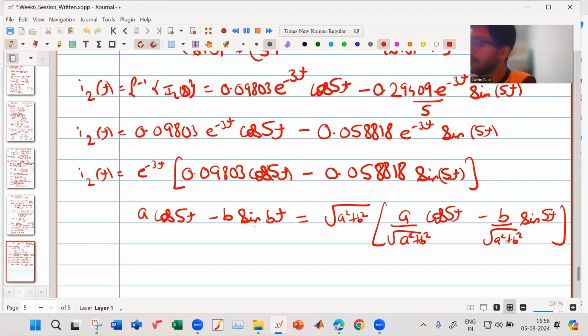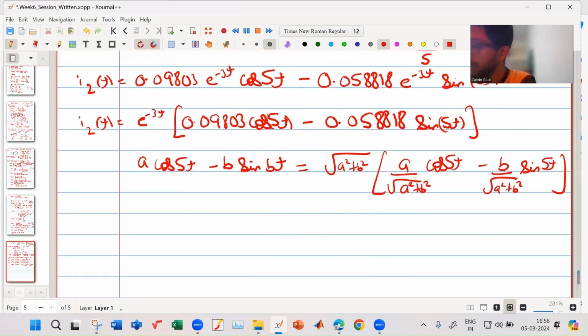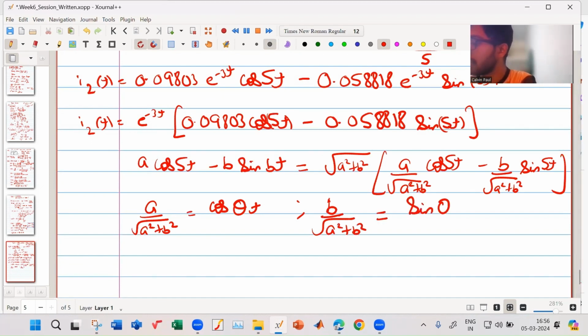We will assume a upon square root of a square plus b square to be cos theta, and b upon square root of a square plus b square to be equal to sine theta.